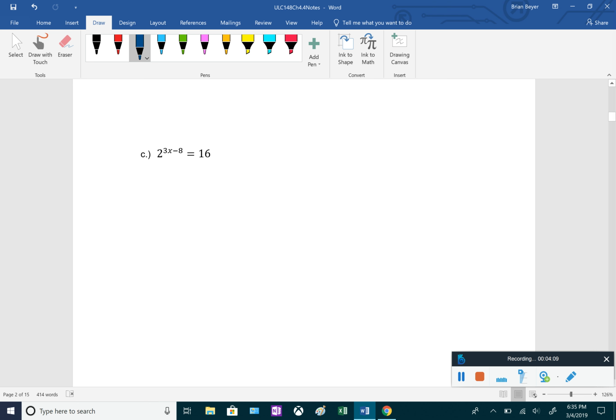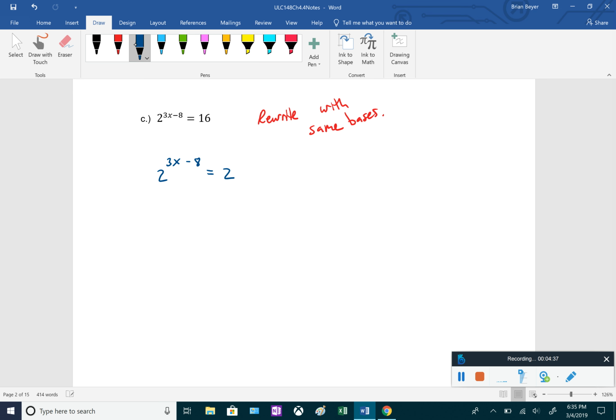Okay, next one, 2 to the 3x minus 8 equals 16. Once again, we do not have the same bases here, but we can rewrite so that they have the same bases, and then we can just equate the exponents. We can't do anything to 2, but we can rewrite 16 as base 2.